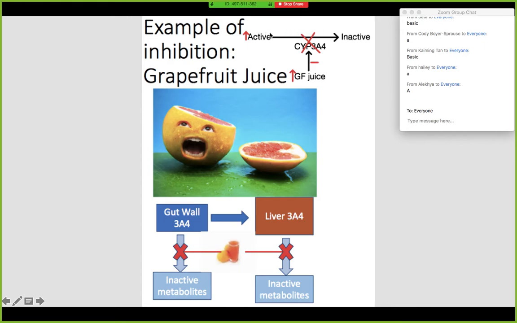So your active nifedipine is not going to be converted to inactive nifedipine. So if that's the case and you have more active nifedipine, and active nifedipine lowers your blood pressure, blood pressure is going to decrease.